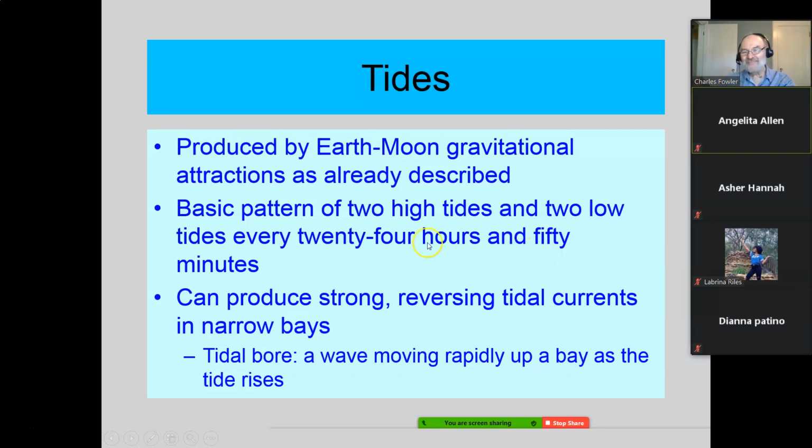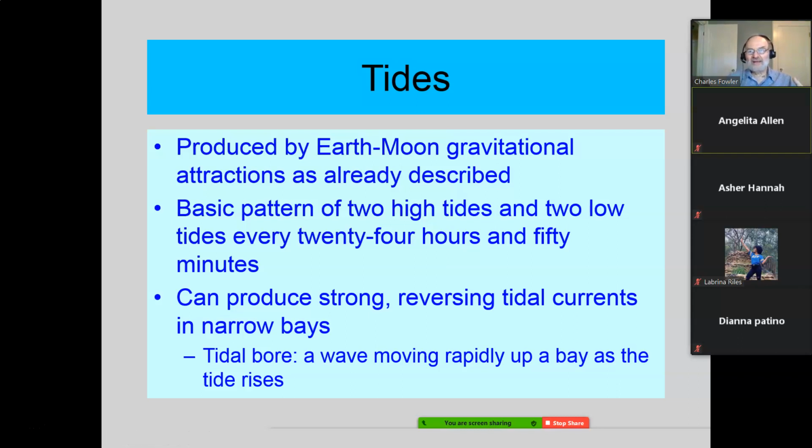So some days will only have 1 high tide because it'll have it right at the middle part of the day, and the next high tide will be very early the next day. But most days have 2 high tides and 2 low tides. It happens about every 24 hours and 50 minutes, almost 25 hours.